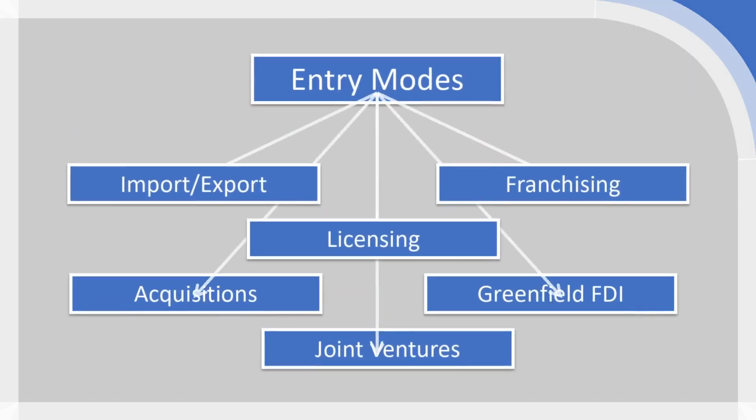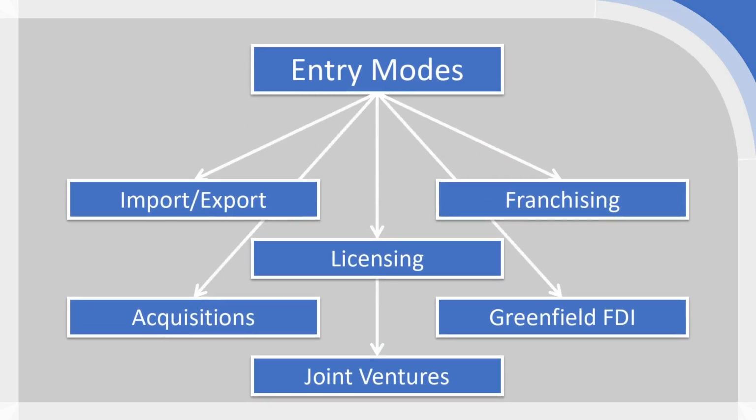So if we start by looking at the spectrum of entry modes, there are quite a lot. We're going to be focusing on the 6 major entry modes, which are importing and exporting, licensing, franchising, joint ventures, acquisitions, and greenfield FDI, foreign direct investment, often just referred to as FDI.